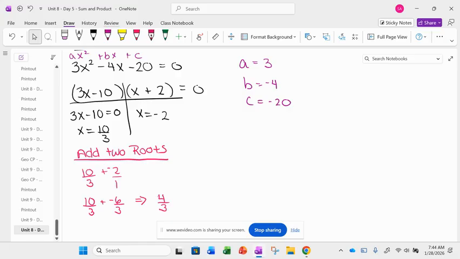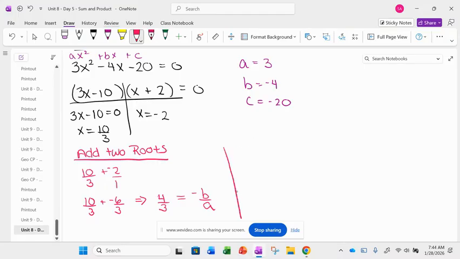A is 3. And my numerator is 4, but B is -4. So wouldn't the numerator be the negation of B, the opposite of B, if B is -4 and this is a positive 4? So this looks like it's the equivalent to -b/a.